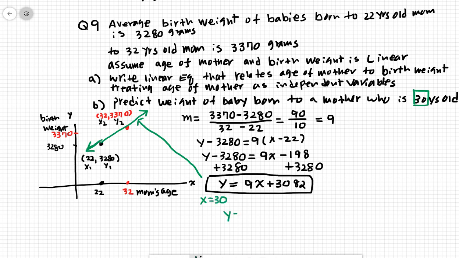So y is going to be 9 times 30 plus 3082. That means we have 270 plus 3082. Let's add those two. I have 3352.